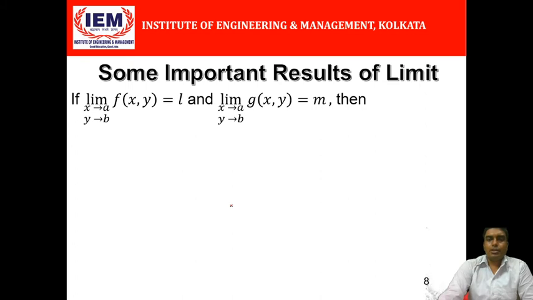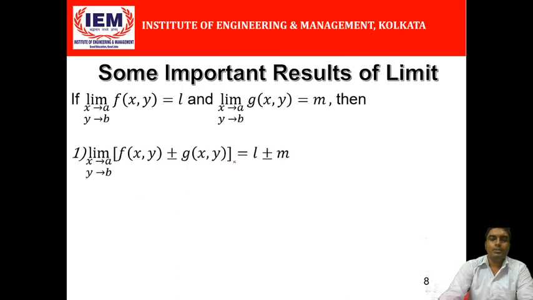Some important results of the limit, similar to what you already know for the single variable. If the function f(x, y) has limit L as x tends to a, y tends to b, and another function g has limit m as x tends to a, y tends to b, then the limit of the sum or difference of the two functions, f(x, y) plus or minus g(x, y), is L plus or minus m.